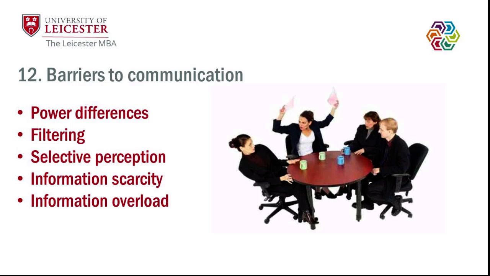Since communication is a social process, social and cultural differences also intervene and affect interpretation and understanding. All these factors mean that there are many different ways in which communication can be affected by unintended and unpredictable consequences. So let's look at some of these barriers to communication. Most examples of communication will have to contend with some or all of them.